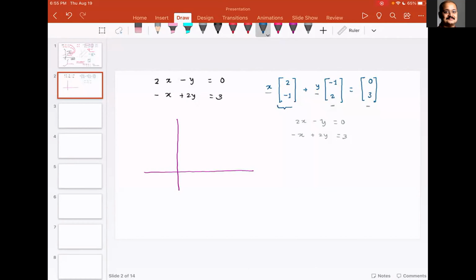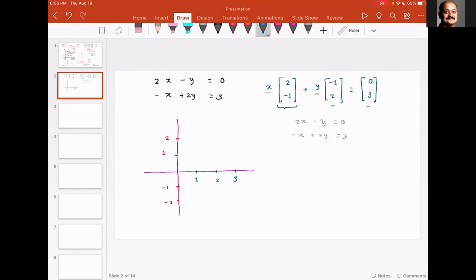The first vector is this one. What do I mean by plotting this vector? Plotting a vector is very simple. This is 1, this is 2, this is 3, and then I have minus 1, minus 2, plus 1, plus 2, and so on.